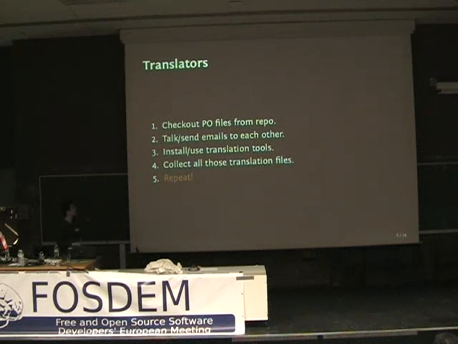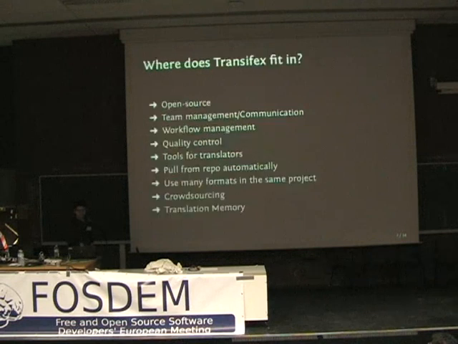The usual process is just to have the PO files somewhere in the repo and maybe send emails to your translators and let all your translators coordinate, talk with each other, who's going to work on what, when, and send those emails back, and the whole thing is a mess. And this is a process which has to be done for every release, so it's not very nice.